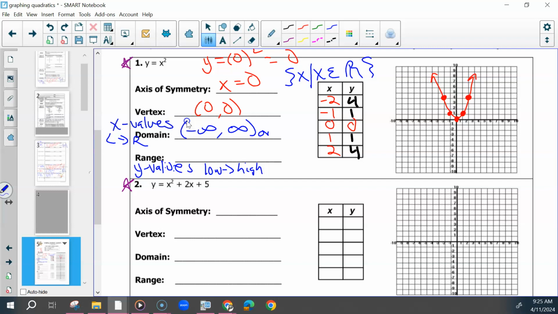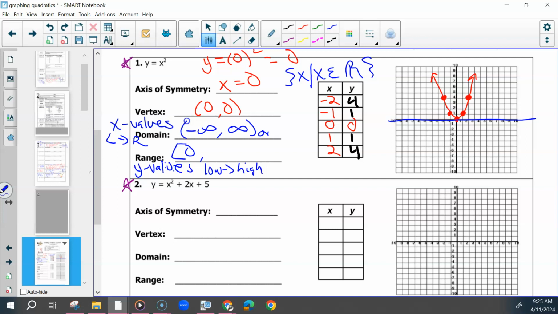Range will be different. If we're looking lowest to highest, what's the lowest y value? 0. And you can find that from one of two things. Either look at the graph, you can draw in a line to look at where the lowest point is, or you can look at the vertex, wherever that y value is, it's going to be part of your range somehow. This point is solid, closed, so it's going to be a square bracket starting at 0. What's your highest point? 4.